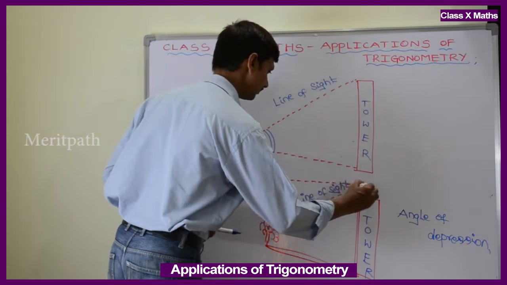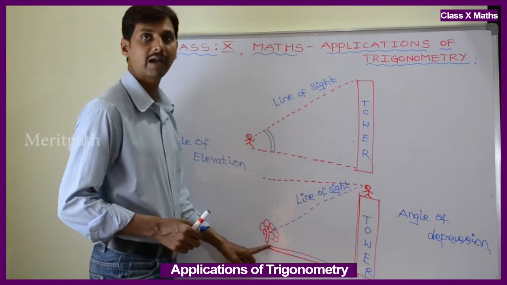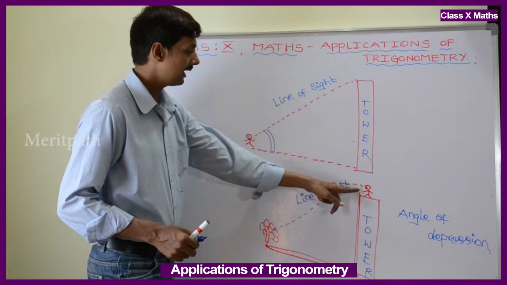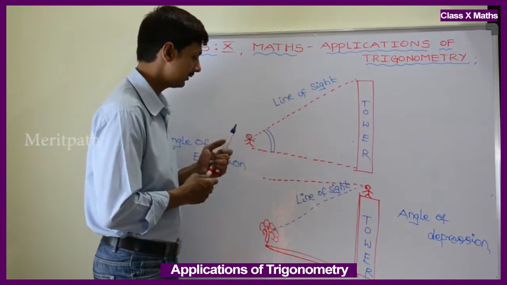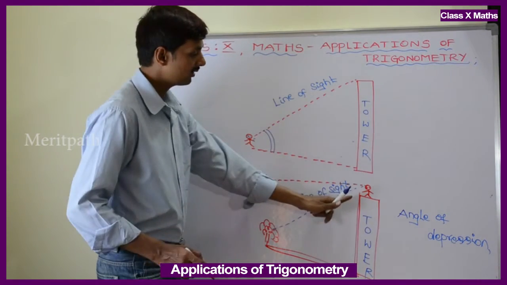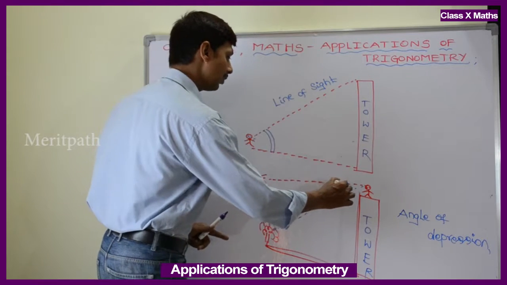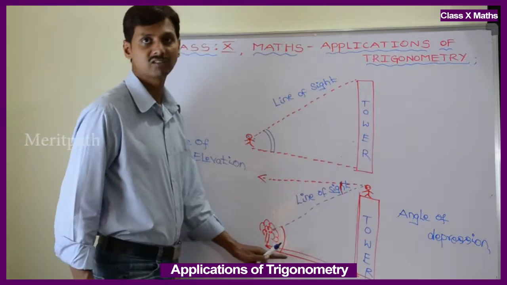He is observing below his eyesight, so his eyesight will be straight. And then what is the angle formed with the line of sight? That will be equal to the angle formed with the horizontal line.